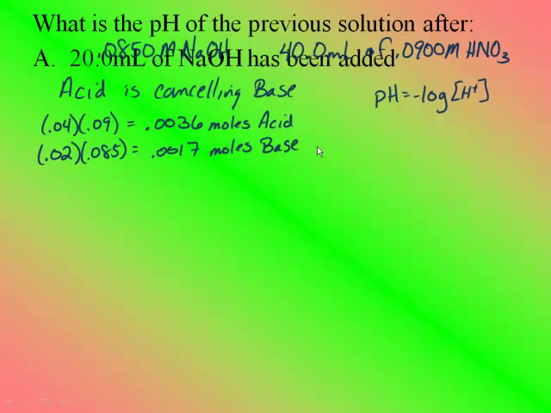Now, acid is canceling base, so I subtract them. Do my little math, and I get 0.0019 moles of acid left.